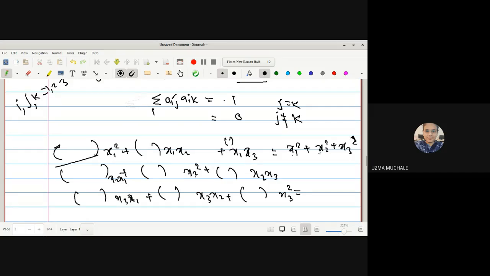Again for j equal to k it will be 1 because here the coefficient is 1. Equating the coefficients, here is x1 square, we have to equate the coefficient. So these are equal to 1 only if j is equal to k, otherwise it is 0. Here there is x1 x3, but here there is no x1 x3. Equating the coefficient, what we get? Others are 0.